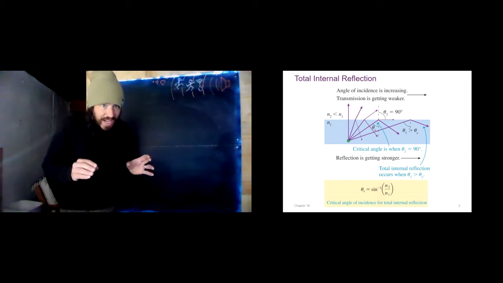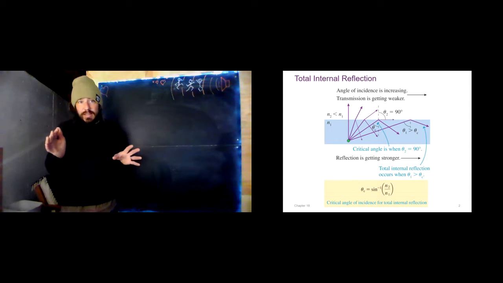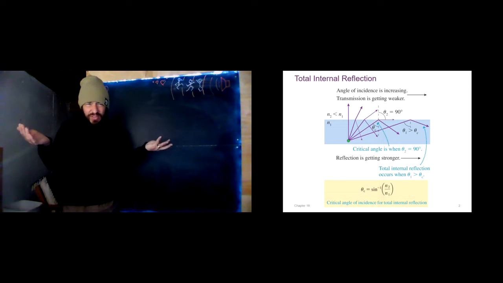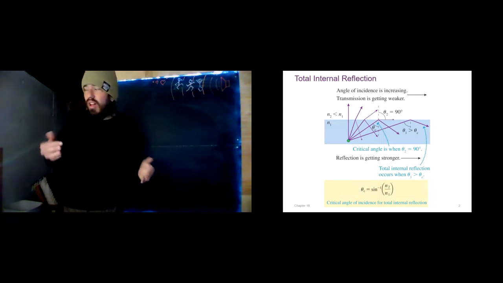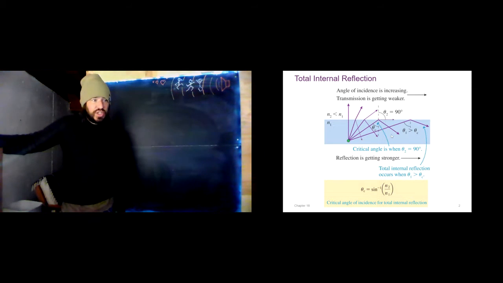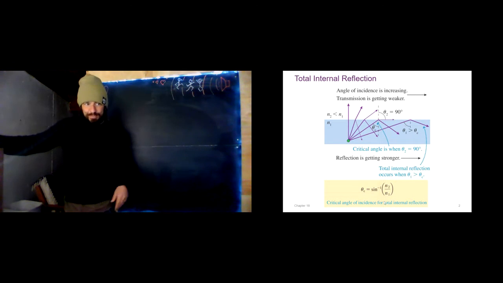When the angle of refraction is 90 degrees, that's the very most that anything could be refracted, and that's right along the surface of the water. That's not refraction at all. At that point, it switches from refraction to reflection. And at any angles greater than that, we continue to see reflection without any refraction.